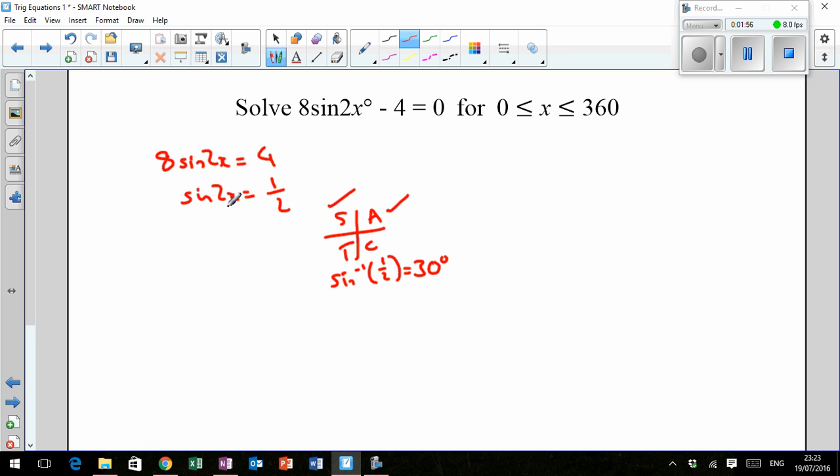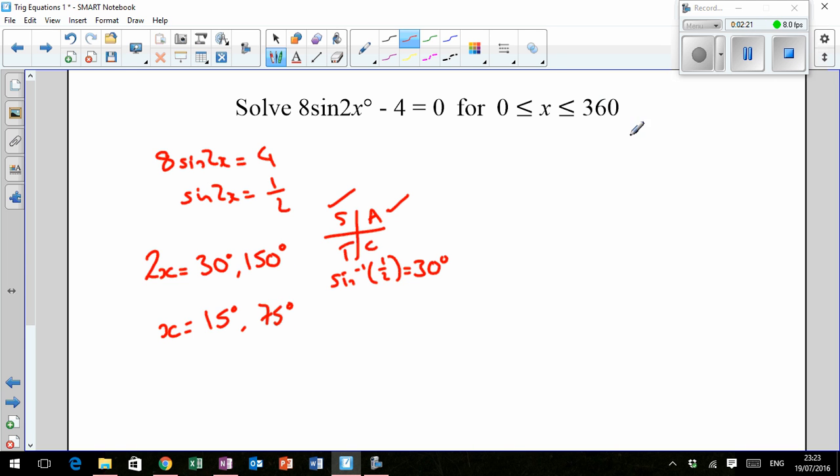But the something we have here is 2x. So 2x is equal to 30, and 2x is equal to 150. Those are your 2 solutions coming from each quadrant. And if 2x is equal to 30 and 150, then x has to be 15 or 75.